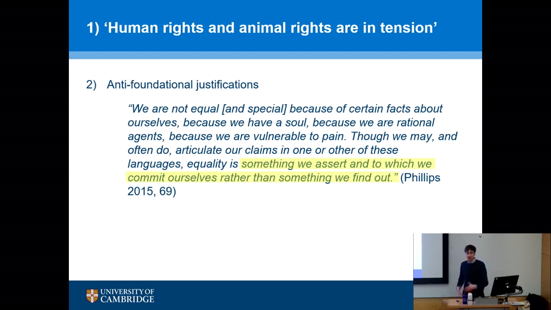So equality or human rights, it's not something that we can empirically find out by identifying a specific attribute or feature in us. It's just something we decide we should have. We assert that all humans have human rights, and that's all we need.